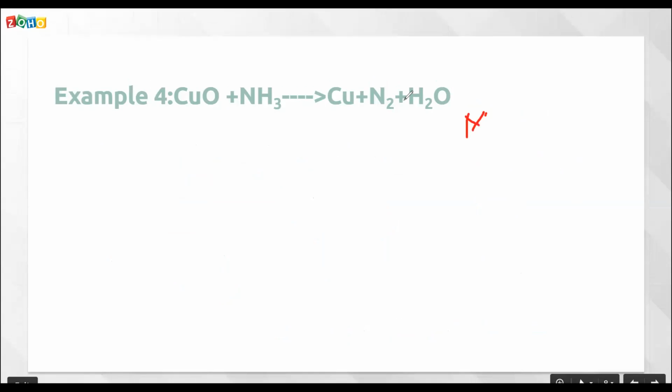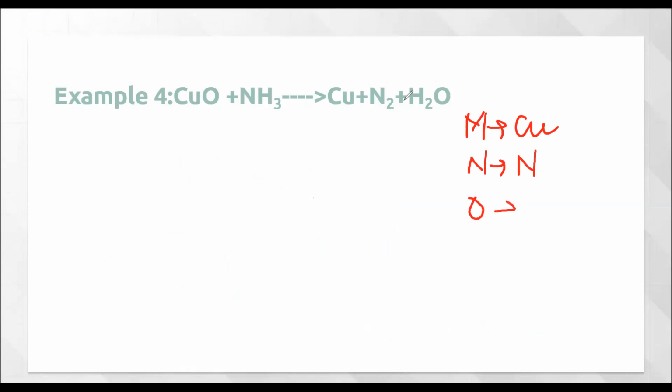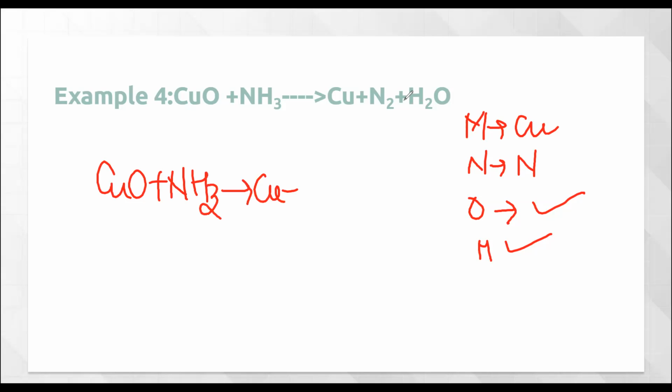In place of metal we are having copper, in place of non-metal we are having nitrogen, oxygen is present, hydrogen is present. Rewrite it, CuO plus NH3 gives Cu plus N2 plus H2O.